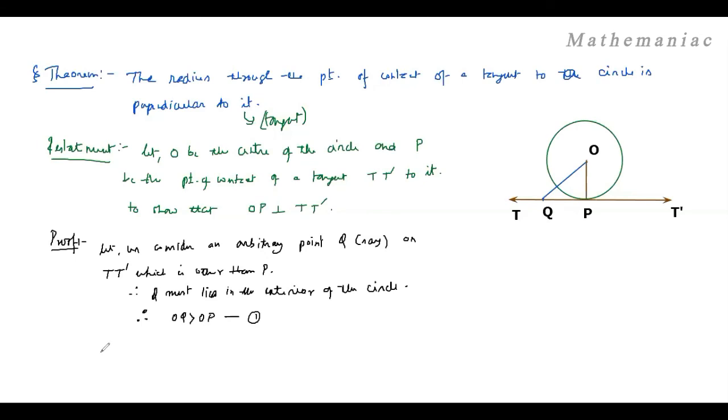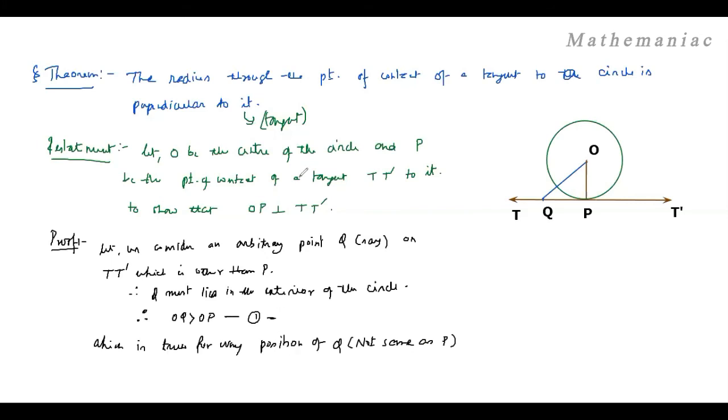So I can write, which is true for every position of Q not same as P, except this P position. For all these positions, this relation is true.